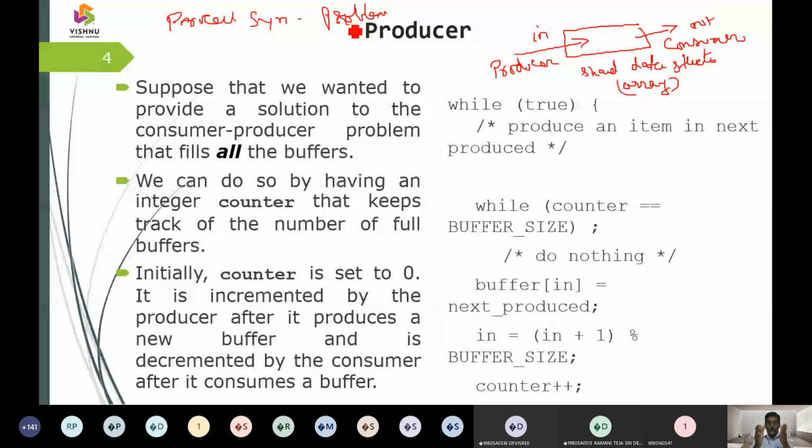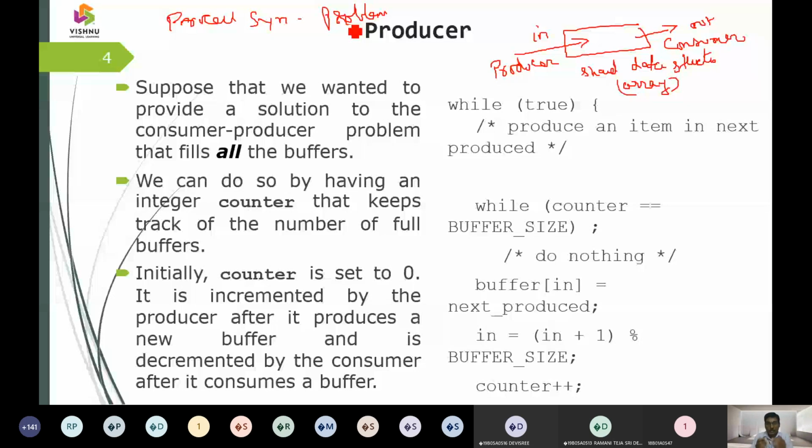That means when the producer is producing an item, the consumer does not have an entry to enter the buffer. Once the producer says, I am done, I have produced all the items, then the consumer uses another variable called out, and it consumes whatever data item has been put into the data structure. So a producer is a process, a consumer is a process, and we should ensure that no two processes use the same data structure at a time.